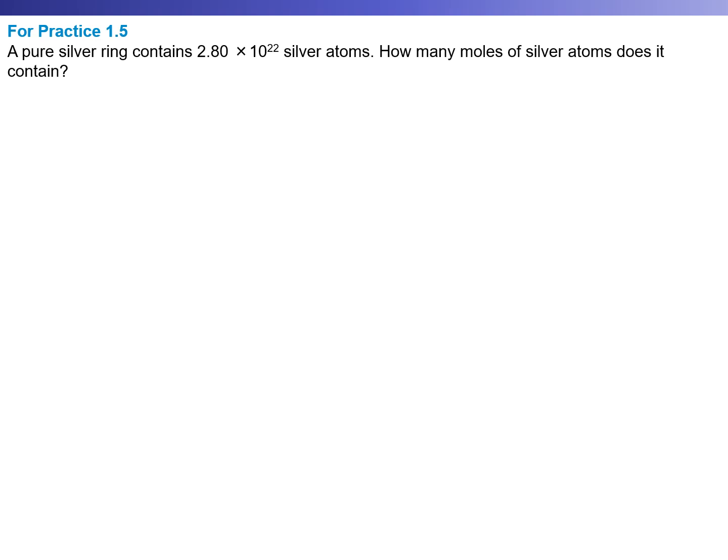So we're converting the number of silver atoms into the number of silver moles. So you know me, I always like to start with what is given. So we are given 2.80 times 10 to the 22nd silver atoms, and we're going to be asked to answer the number of moles of silver that is contained in that number of atoms.